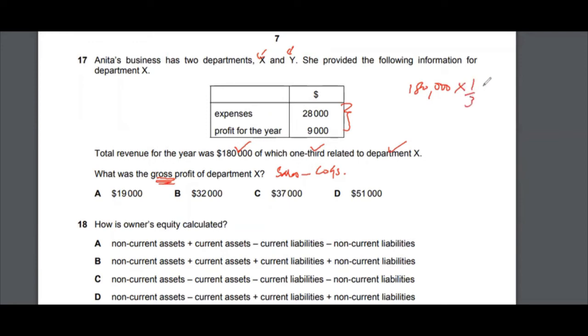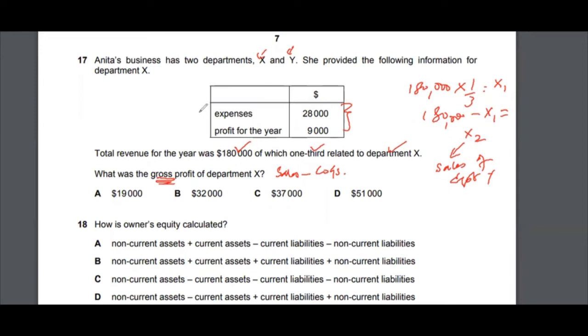So if you do 1/3 of this, you will get some number, let's say X1, right? So 180,000 minus X1 is going to give you the sales for department Y, which is X2, right? So X2 is basically the sales of department Y. I'm leaving the maths to you, so you should do the practice by yourself, and then you would have the sales number.